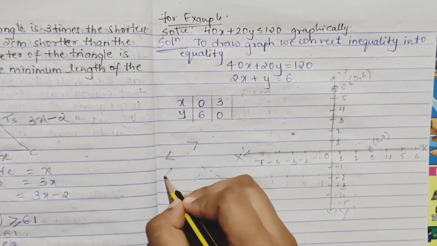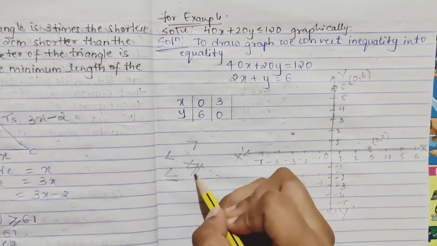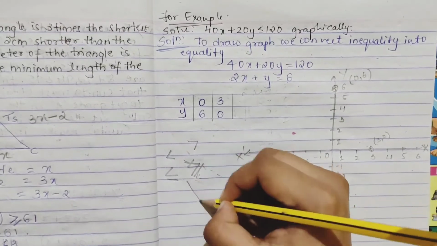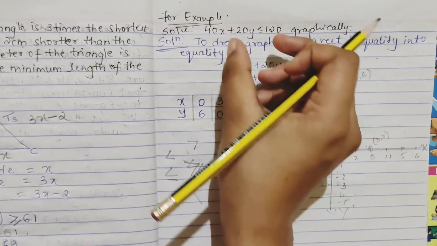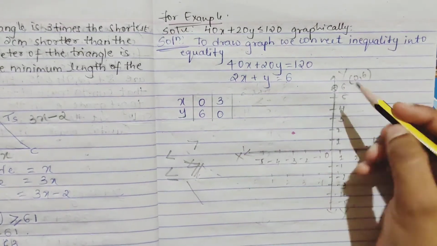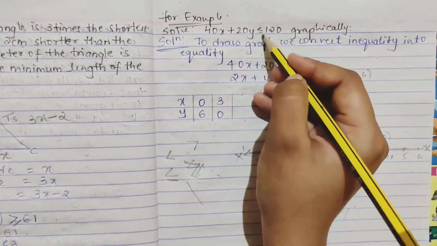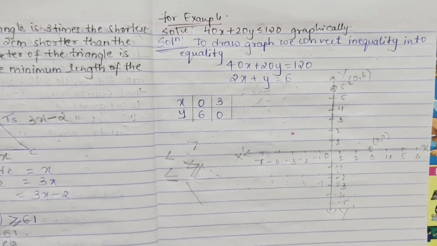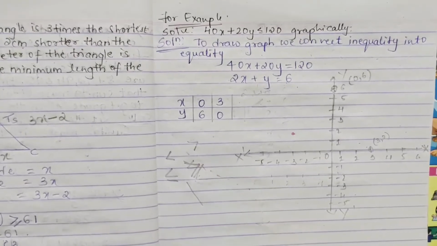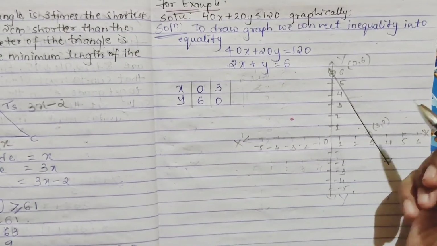If you are getting the full inequality sign, sorry, greater than or equal to, like this, you can do your solid line just to make the difference. If your question is just less than, whatever line you're getting, you have to draw dotted. If it is less than or equal to, both, then you can make a solid line. That's the difference, okay. Please keep this in your mind. You have to do like this only. So you have drawn it. See, I have drawn a solid line.